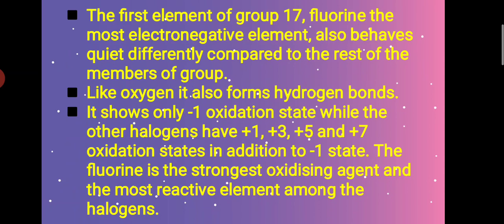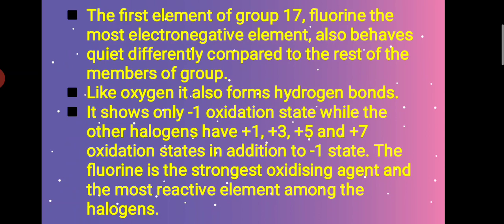It also behaves quite differently from the other elements in the group, and it also forms hydrogen bonds. It shows only the -1 oxidation state, while the other halogens like chlorine, bromine, iodine and astatine show +1, +3, +5 and +7 oxidation states along with -1. And fluorine is the strongest oxidizing agent and the most reactive element among the halogens.